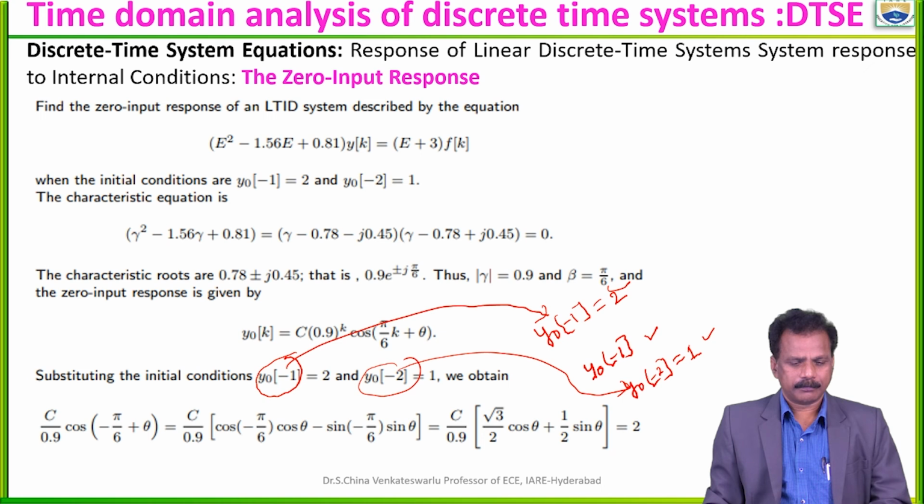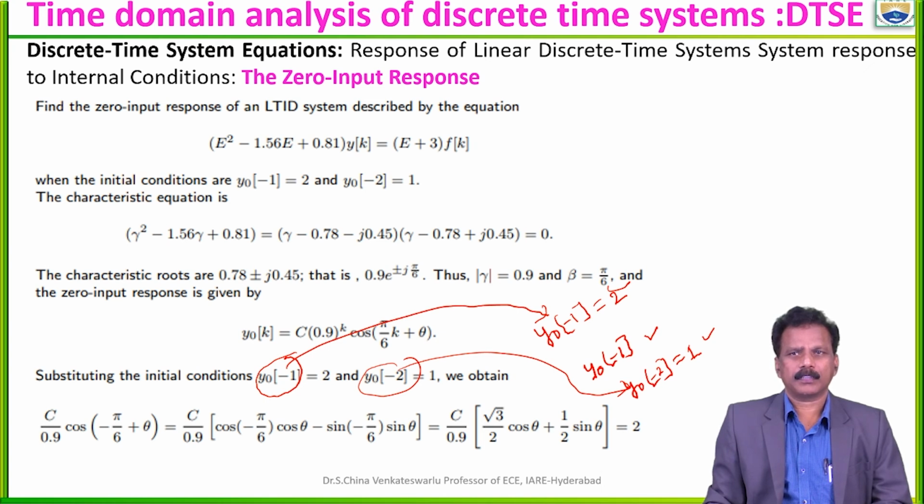The characteristic roots are 0.78 plus or minus j 0.45. What is the beta value, and how does it vary? y naught of k is calculated with reference to these two conditions, where y naught of k equals c into 0.9 power k cos of pi by 6 into k plus theta.